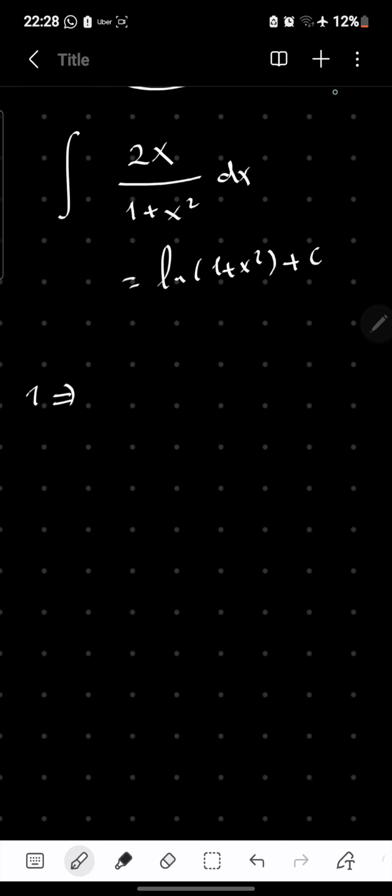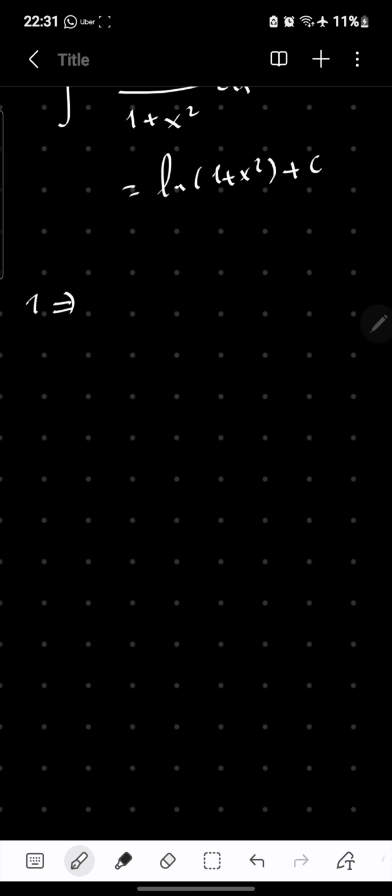What are these two conditions? First one: we have a rational function in this form, p of x over q of x. This is a polynomial, and this is also a polynomial, so each has a degree.